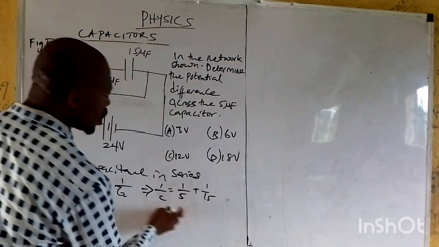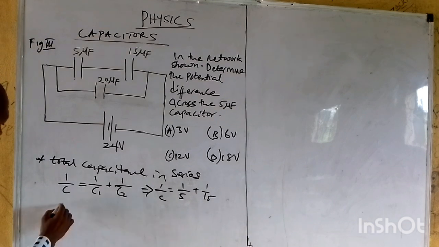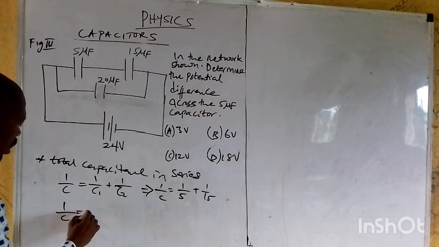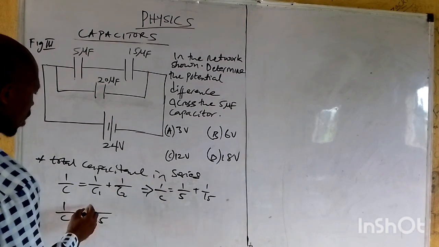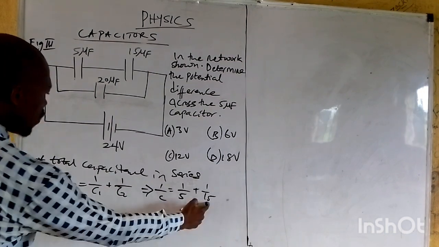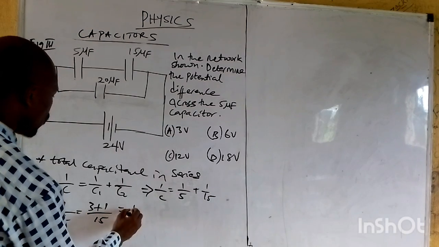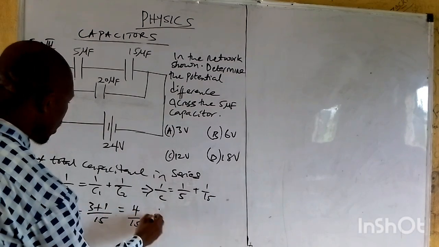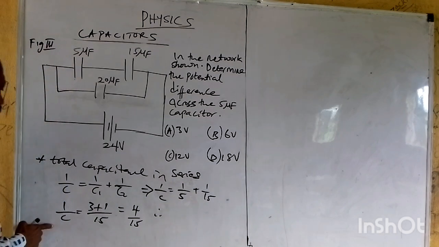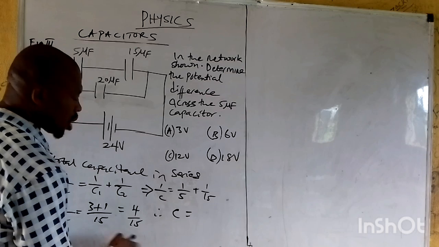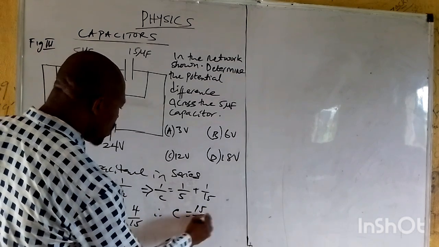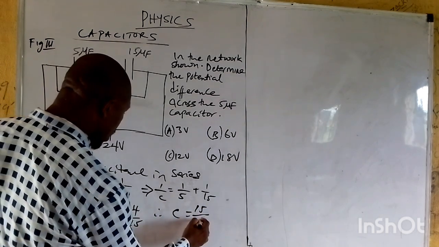And of course, the LCM of 5 and 15 is 15, which will now give us that 1 over C is equal to 15. 5 into 15 is 3, plus 15 into 15 is 1, which will give us 4 over 15. Therefore, if you make C the subject, invert this other side, which will now give us 15 over 4.